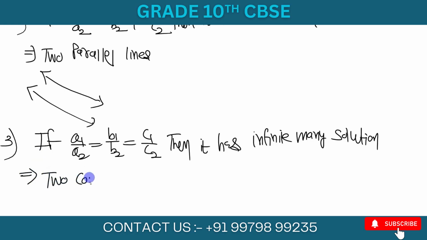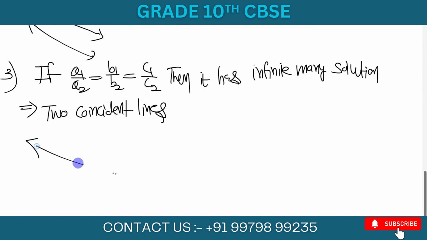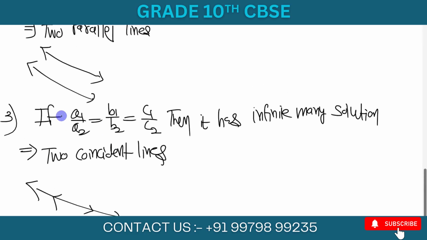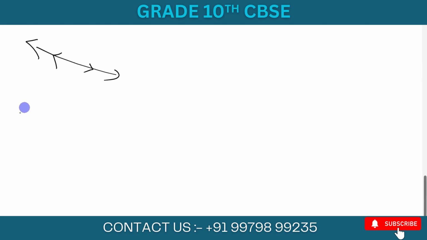All these ratios are the same, and the graphical scenario will be two coincident lines. Two coincident lines means one line above another.